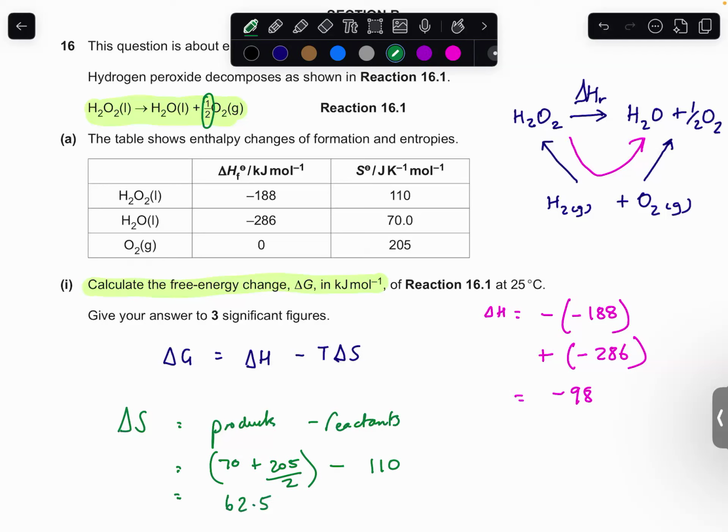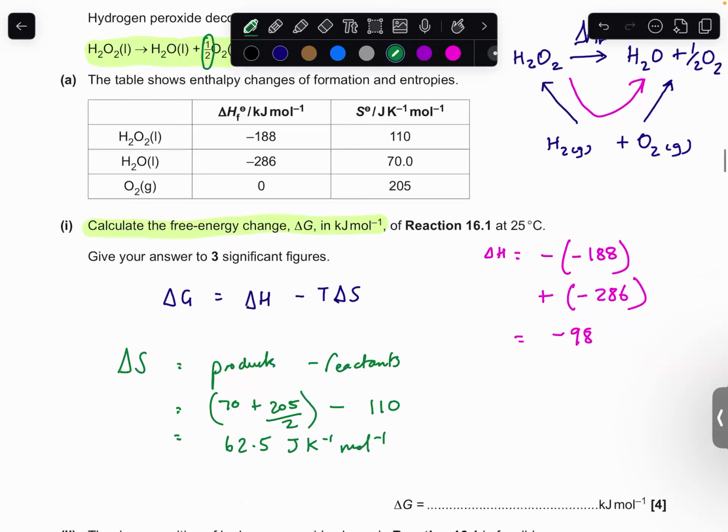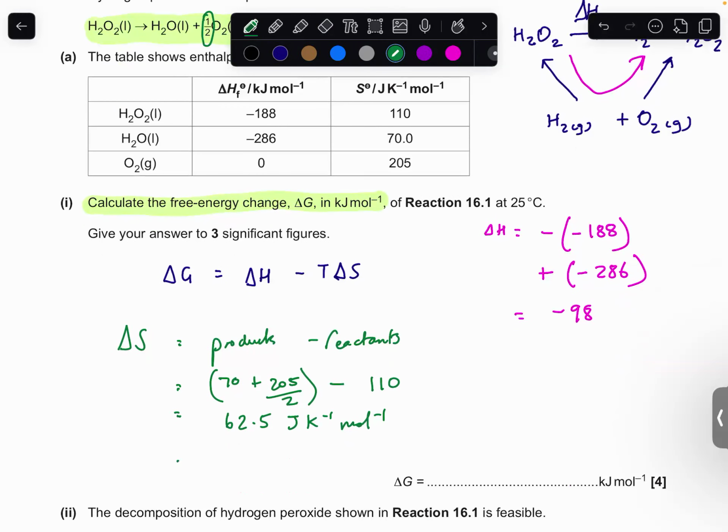The problem is, this is in joules per Kelvin per mole. So we will need to divide this by 1,000. Kilojoules per Kelvin per mole.